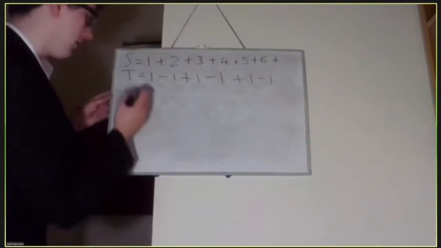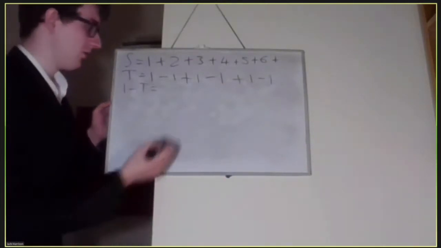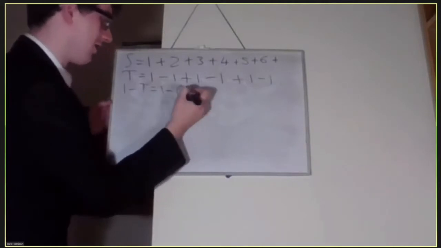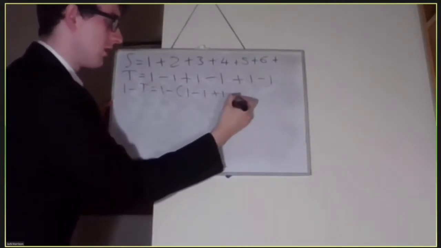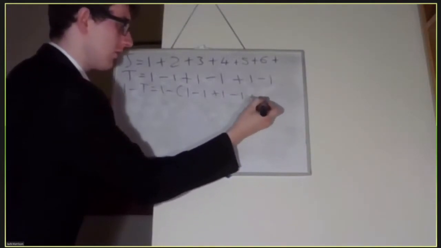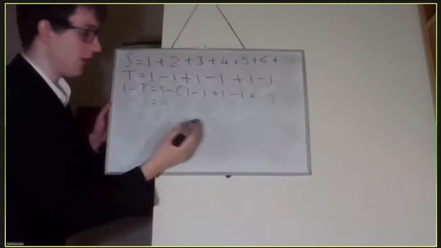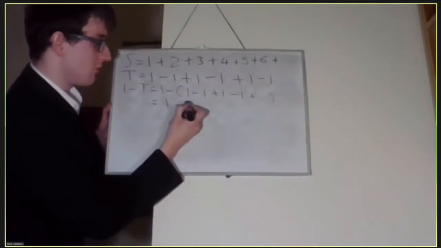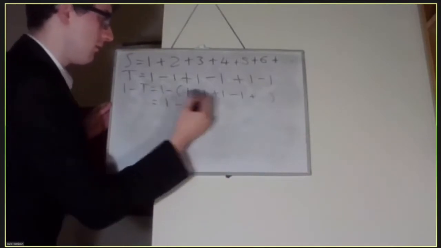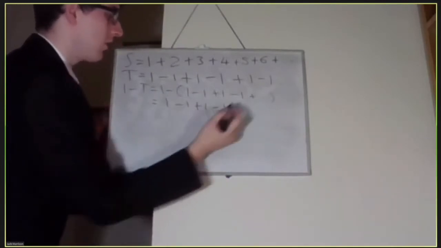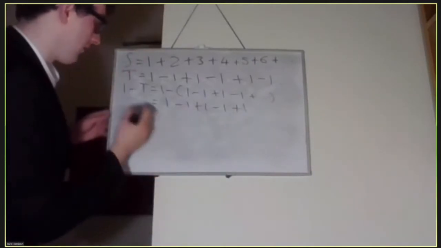So to find T, let's consider 1 minus T. And that is 1 minus 1 minus 1 plus 1 minus 1 plus, and so on. Well, this minus just flips the signs of everything in here. So we get 1 minus 1, minus minus 1 is plus 1, then minus plus 1 is minus 1, minus minus 1 is plus 1, and so on.